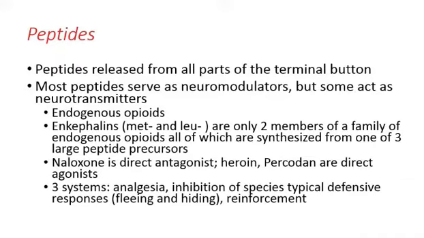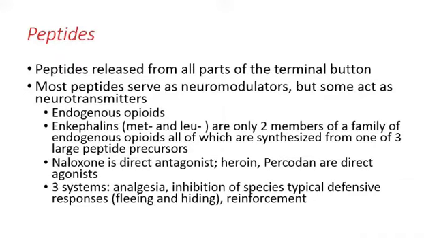Naloxone, the drug that a lot of people carry now because of the opioid epidemic to reverse opioid intoxication, is a direct antagonist, and so it would bind to the opioid receptors, kicking off the opioids themselves. Heroin, Percodan, and drugs of that nature are direct agonists by binding to the receptor sites for the endogenous opioid system.